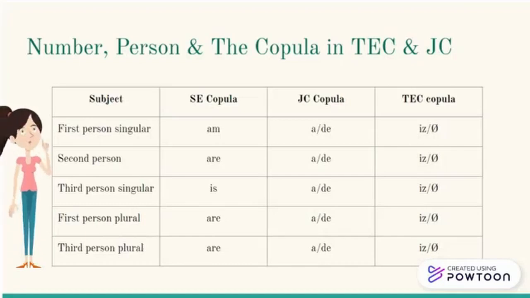As we can see, the standard English copula has different forms depending on the number or person of the subject, whilst in JC and TEC it does not change due to the subject. As we have said before, the JC and TEC copulas change due to the type of predicate. If you would like to have a closer look at the table, pause the video here.